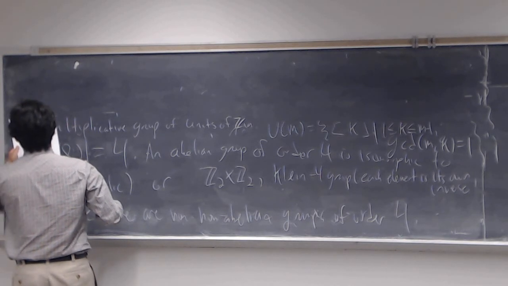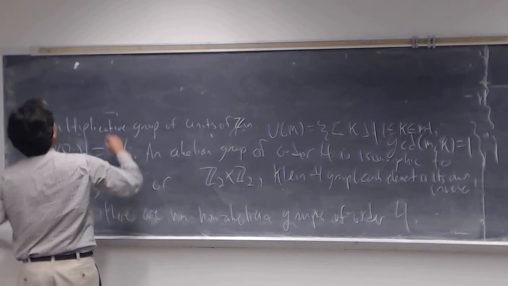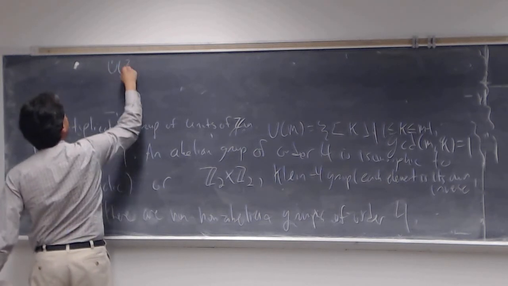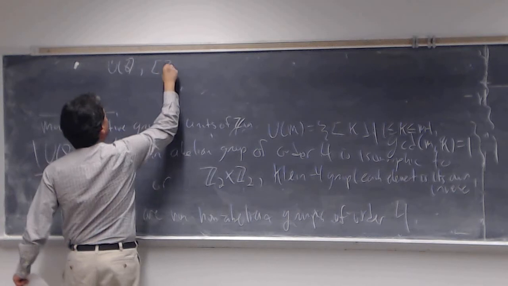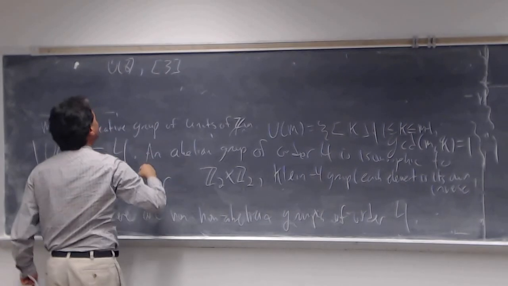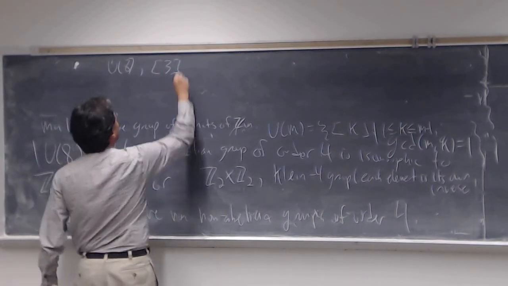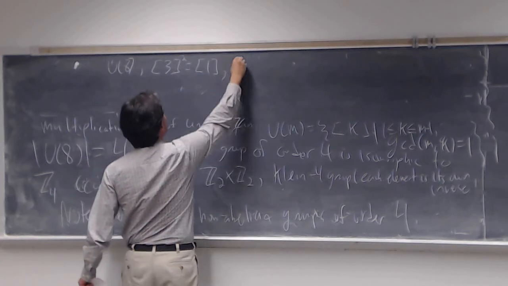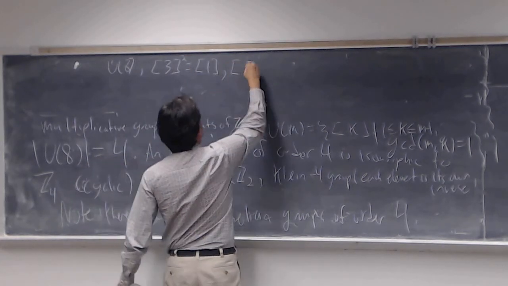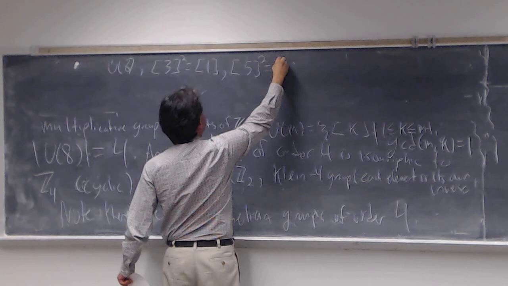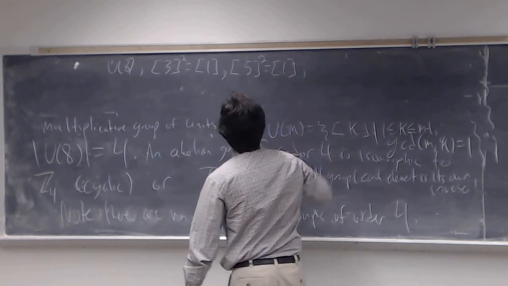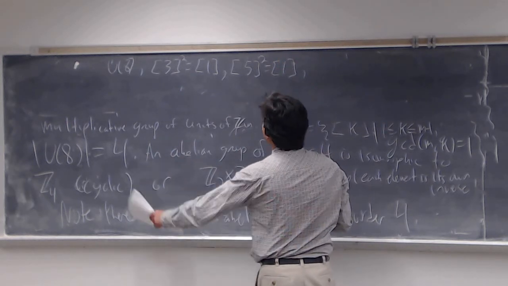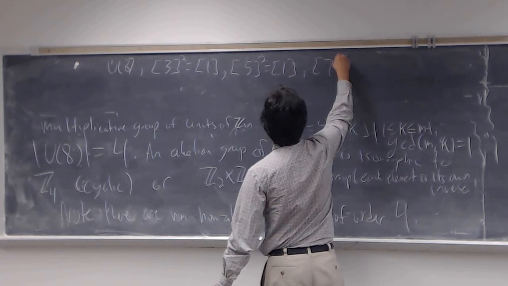What is U_8? I think we've maybe done some calculations, but let's check in U_8. 3 squared is 9, which is 1. 5 squared is 25, which is also equivalent to the identity. 1 squared is 1, and then the only thing left is 7, which is really like -1.